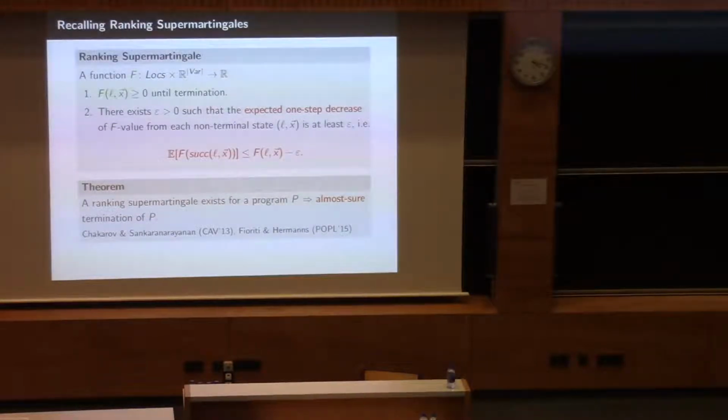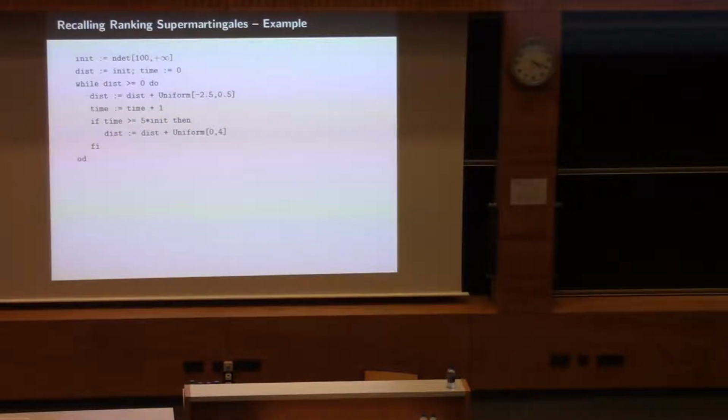First of all, it must be non-negative, and second, it must satisfy a decreasing condition, which states that whenever we are in some concrete state where the function attains some concrete value, the expected value of the function in the next step must be smaller than the current one by at least some positive epsilon. So of course, unlike in the classical case, there are now executions along which the value of this function might increase, but it must decrease on average. If such a ranking supermartingale exists for some program, then this proves that the program terminates with probability 1.